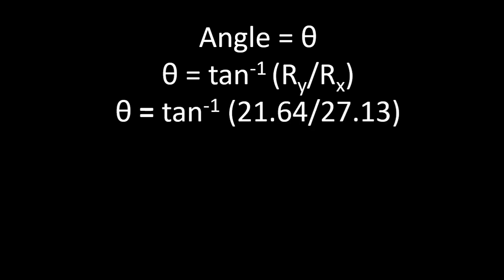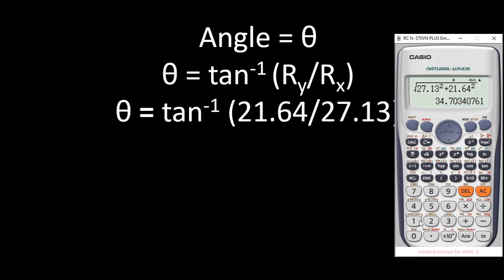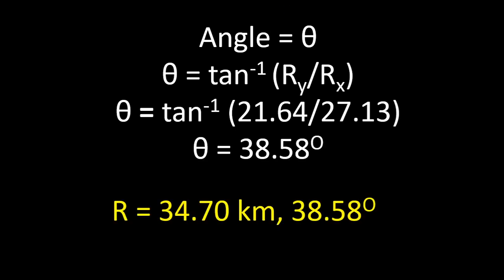Let's compute. 21.64 divided by 27.13, and then we apply tangent negative 1. So shift, tangent, answer equals 38.58 degrees. The final answer is 34.70 kilometers, 38.58 degrees from the x component.